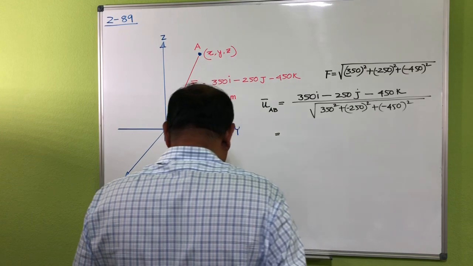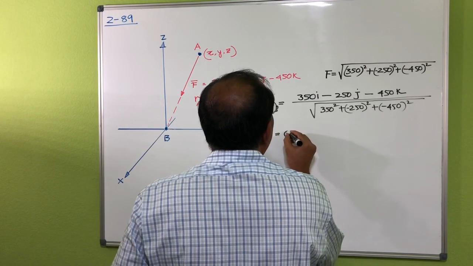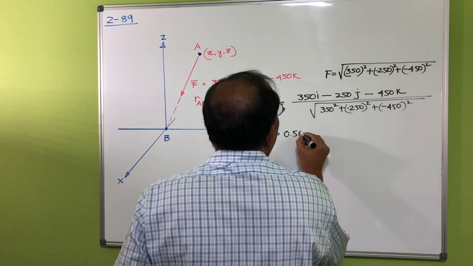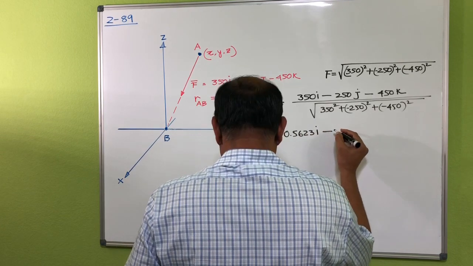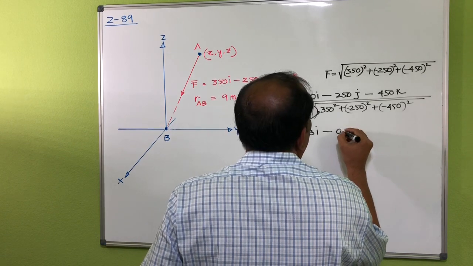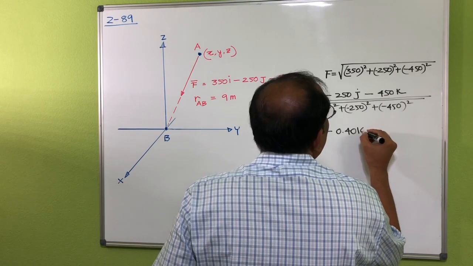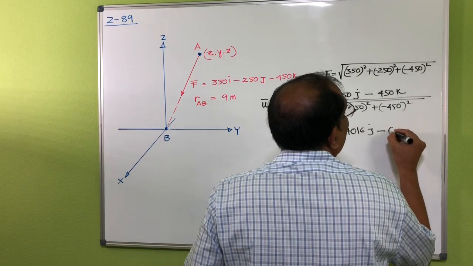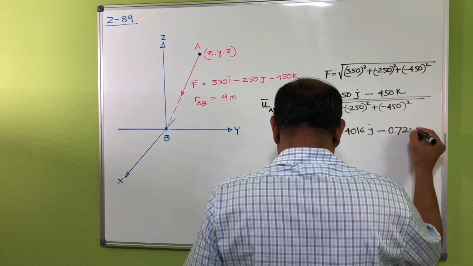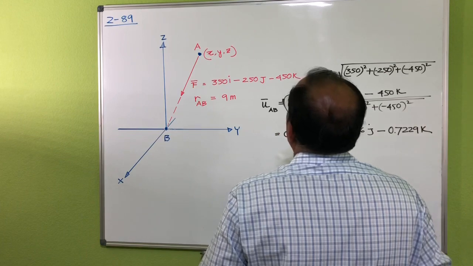If you simplify that one, you get 0.56 I minus 0.4016 J minus 0.7229. Okay.